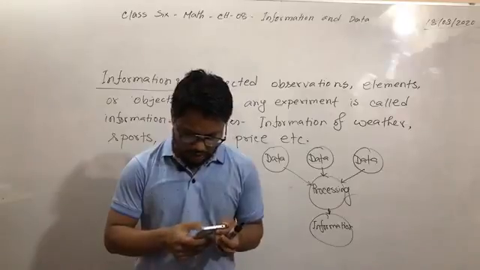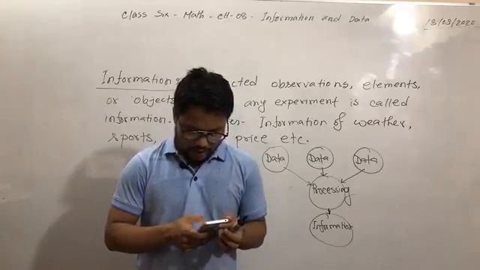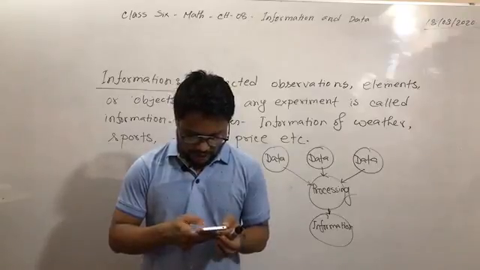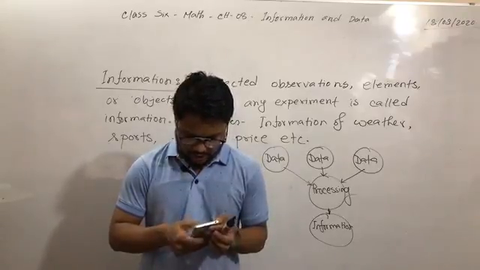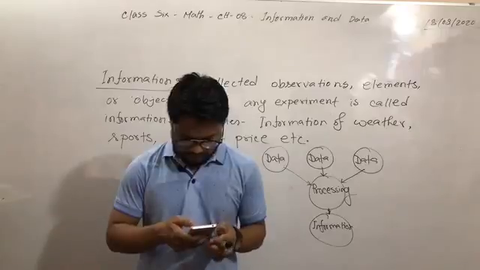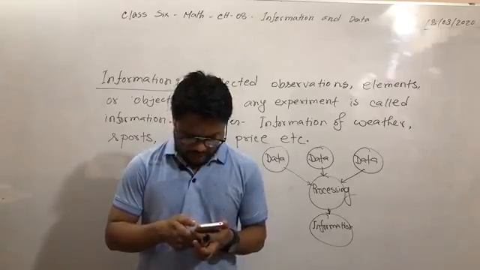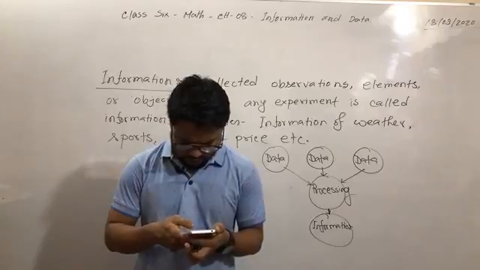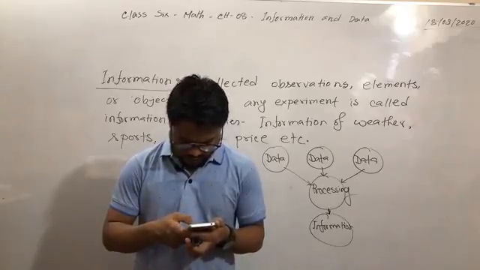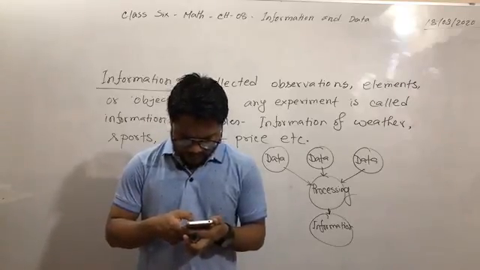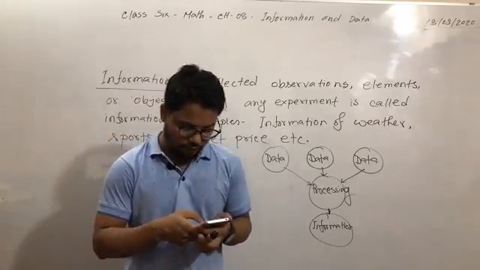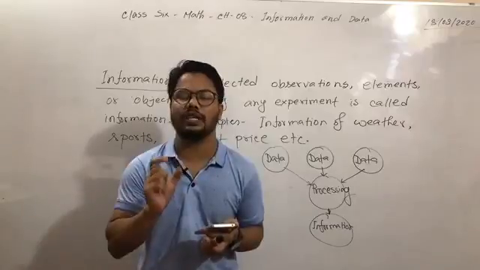Now you can see the definitions of informations. I have already written in the comment section. I think, is there any problem? No, everything is okay and going on smoothly. In the comment section you can see what is information. Information is a set of data.